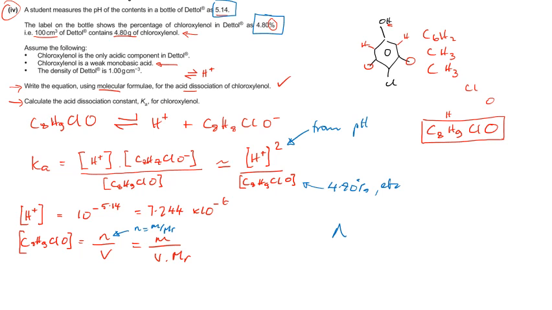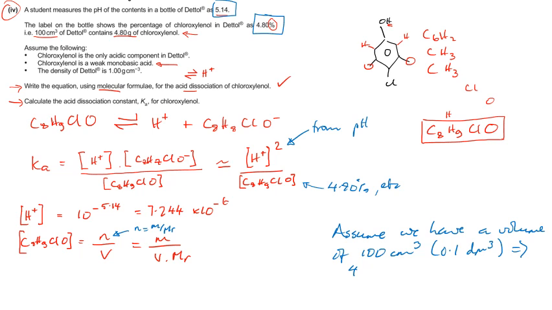We're going to assume we have a volume of 100 cm cubed, which of course is 0.1 dm cubed, because we need to be working in dm cubed in these calculations. If we assume a volume of 100 cm cubed, then that implies that we have 4.8 grams of our chlorosilanol. Then switching back to red, we can put our mass of 4.8 in there.